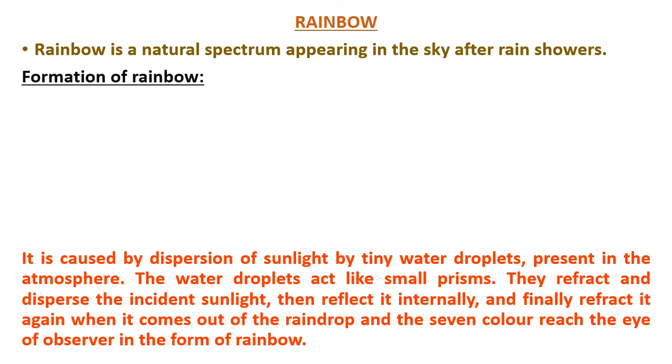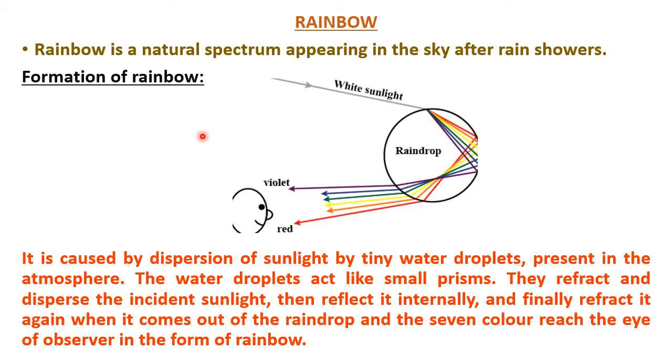So just like a prism splits the sunlight into 7 colors, these water droplets present in the air split the sunlight into 7 colors. They refract and disperse the incident sunlight, then reflect it internally and finally refract it again when it comes out of the raindrops, and the 7 colors reach the eye of the observer in the form of rainbow.